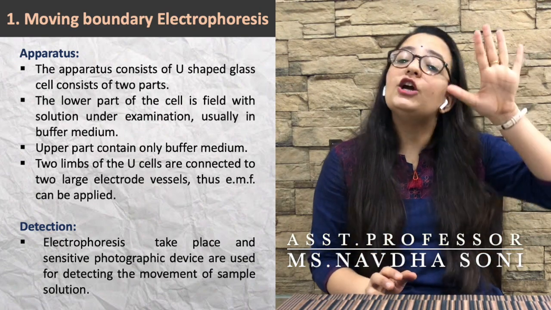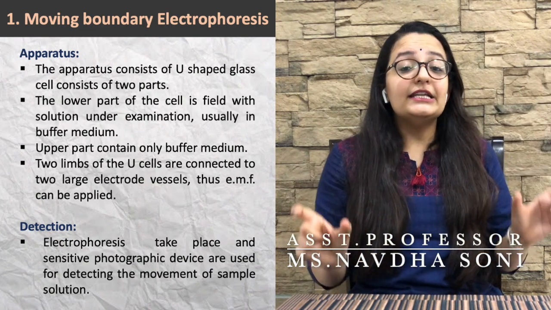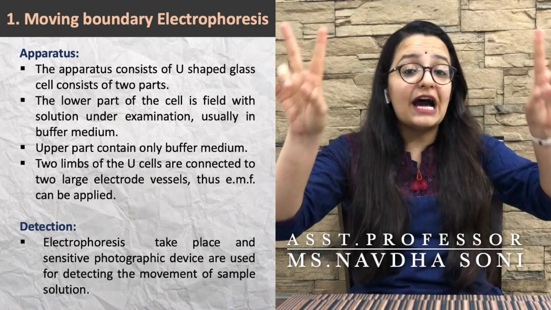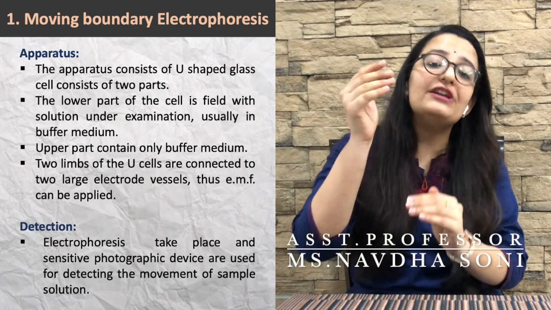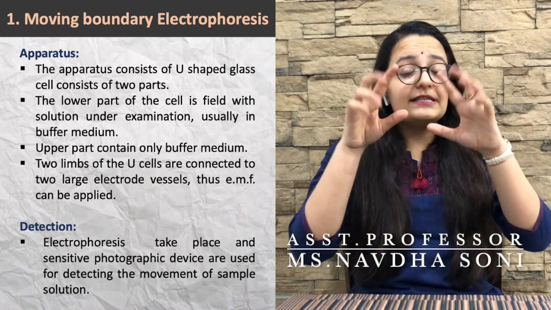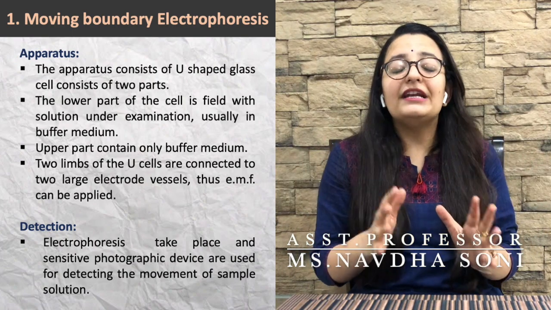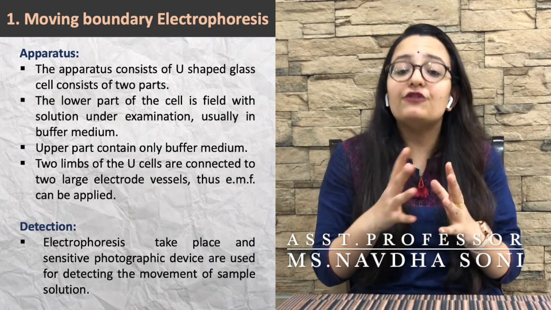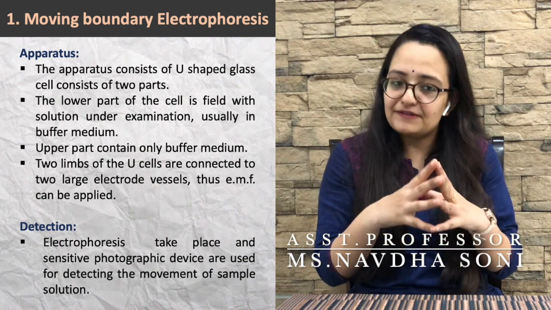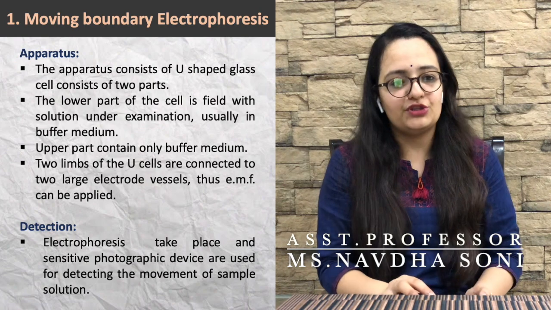The upper part contains only buffer medium. These 2 limbs of the U cell are connected to 2 large electrode vessels so that EMF can be applied. Detection of the separated molecules takes place with sensitive photographic devices used to detect the movement of sample inside the solution.